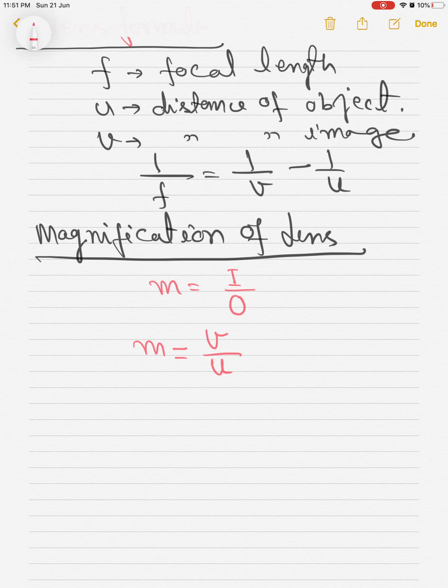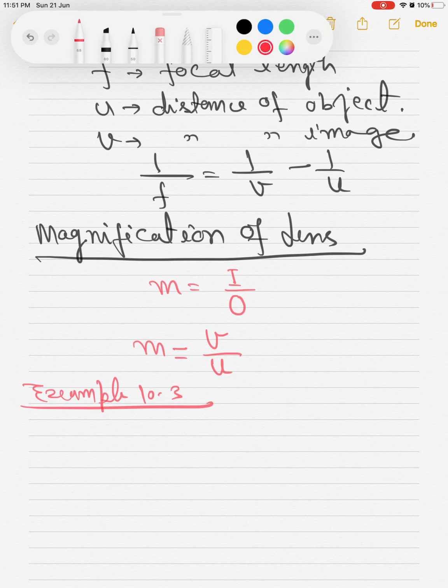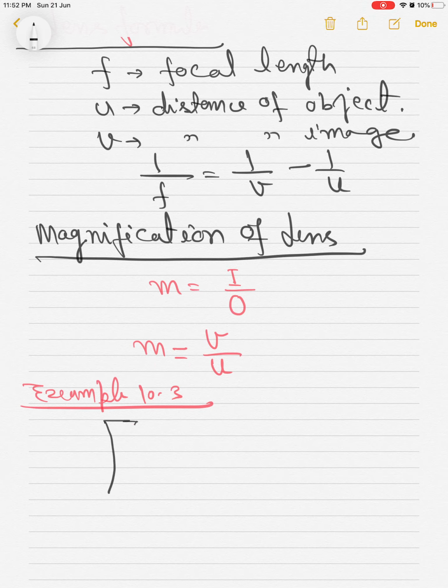Now, I will discuss here one question. It is example 10.3 in your book. A concave lens has a focal length of 15 centimeter. We will make a rough diagram of the concave lens, and the focal length is 15 centimeter. The focal length of a concave lens is taken as negative.